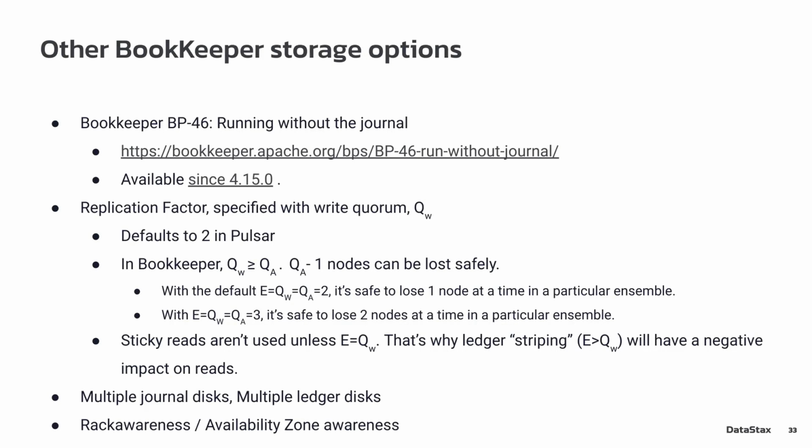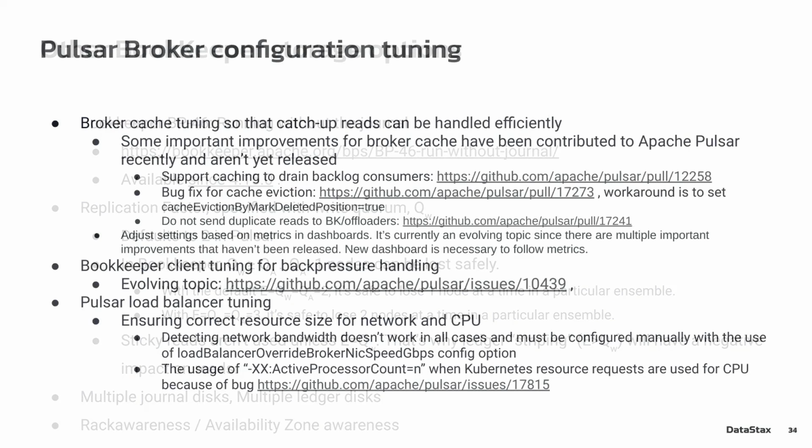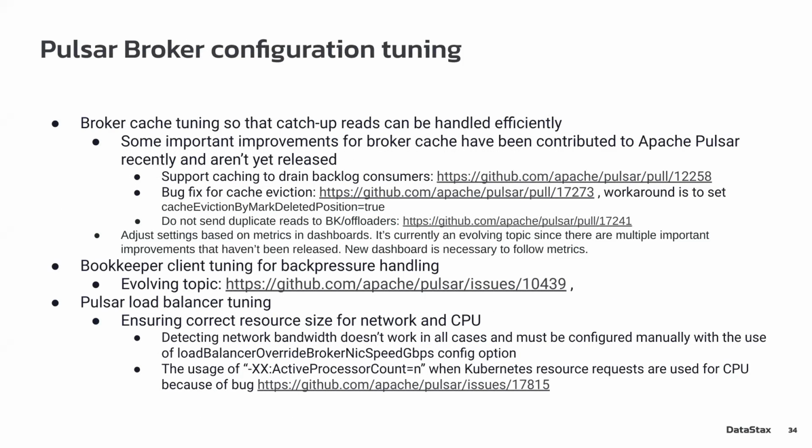total availability zone outages. For the Pulsar broker configuration, it's important to do the broker cache tuning so that catch-up reads can be handled efficiently. And there are quite a few improvements which aren't yet in released versions of Pulsar. So this is an evolving area where improvements are being delivered in upcoming Pulsar versions.